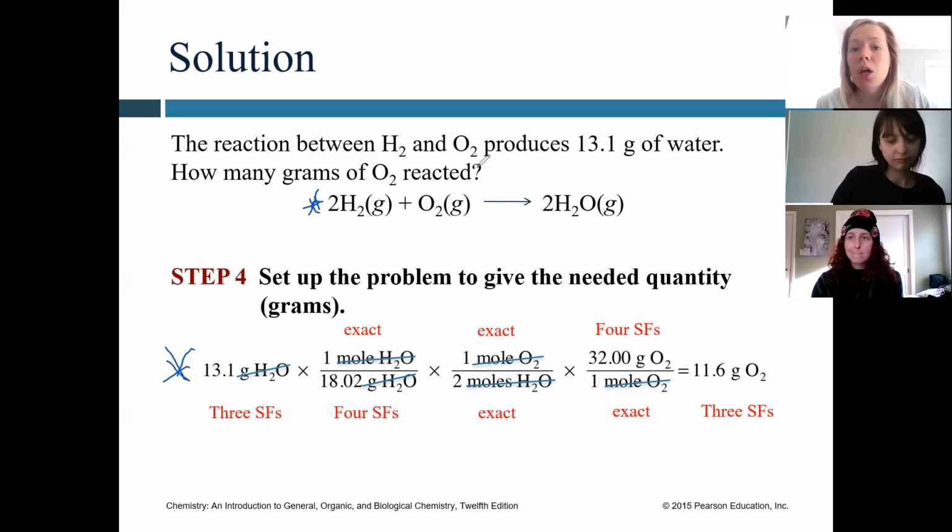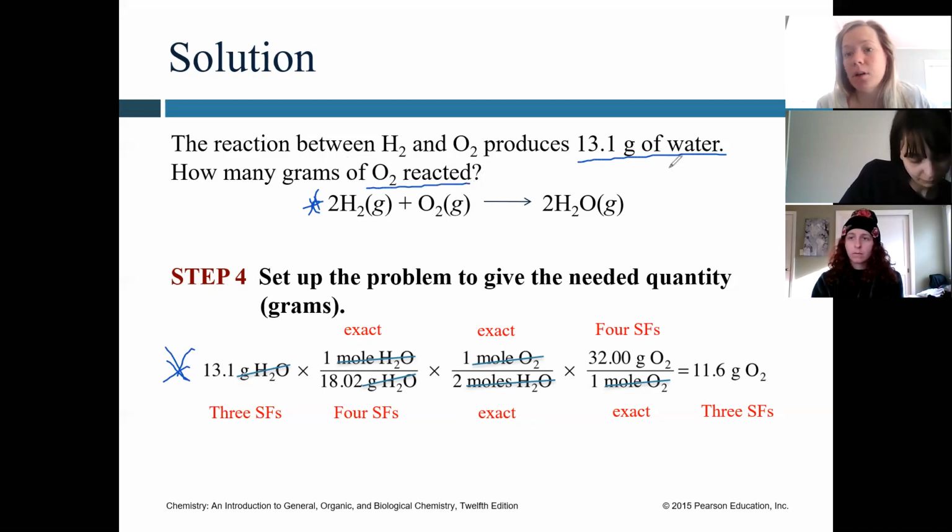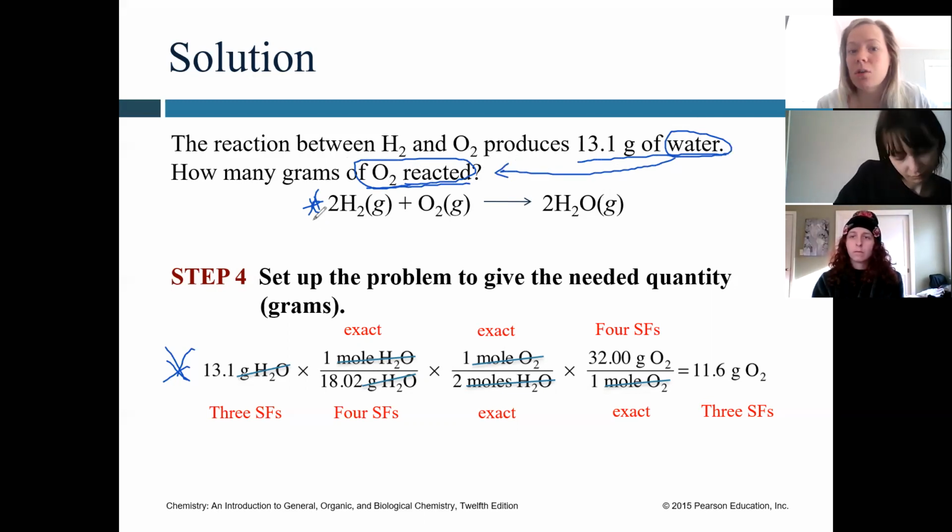Another thing, you're given information about one material and it's asking you information about a different material. If you have something about water, but it's asking you about O2, that means you have to do some sort of magic transition using a balanced equation. That's all going to lead you to this system of grams to moles to moles to grams.